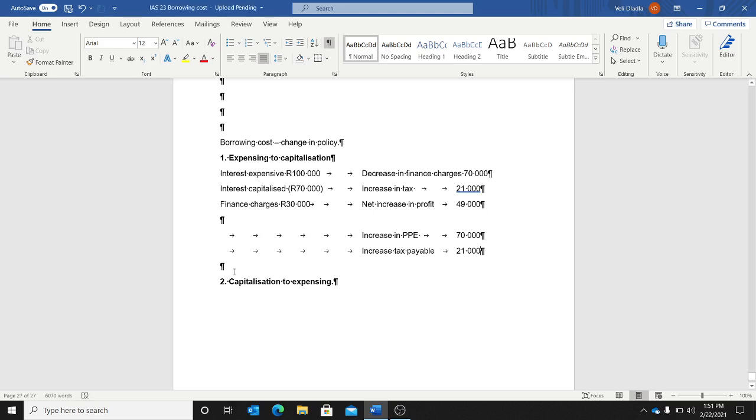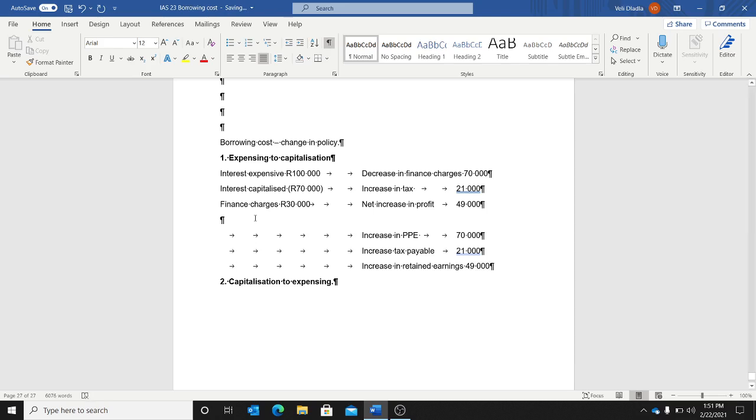And then we'll have an increase in retained earnings. That increase will be 49.